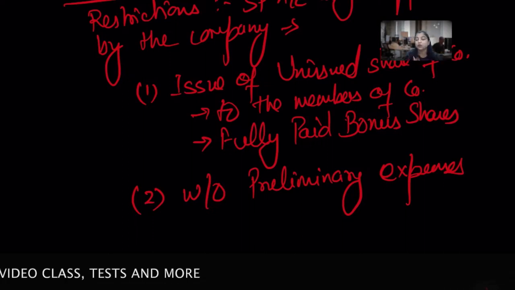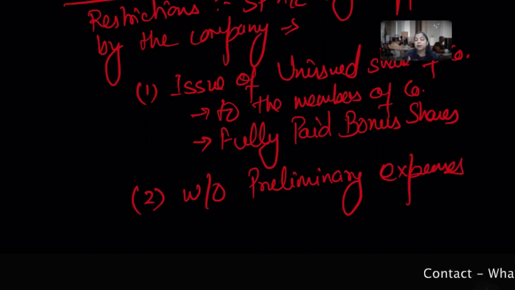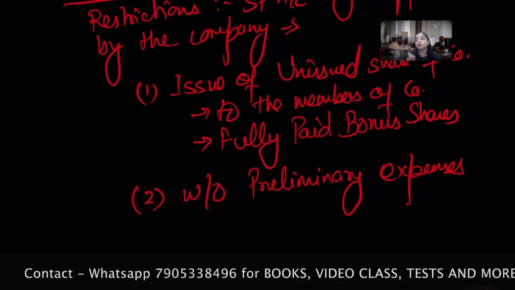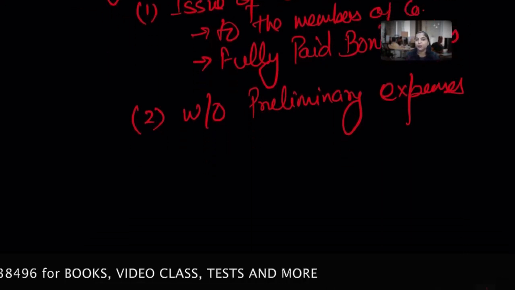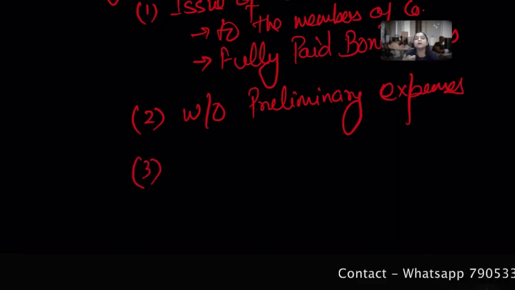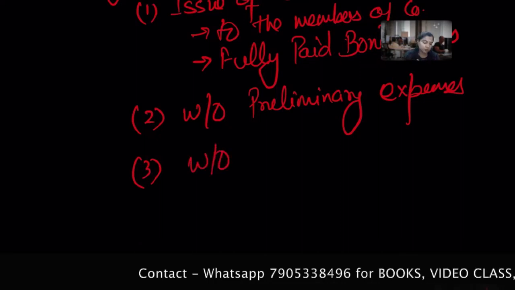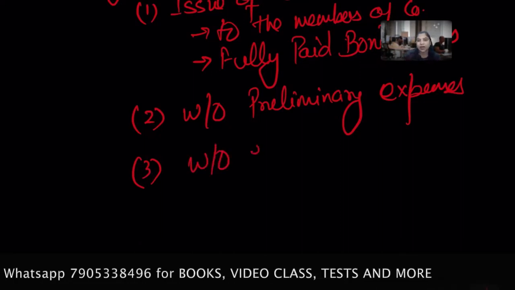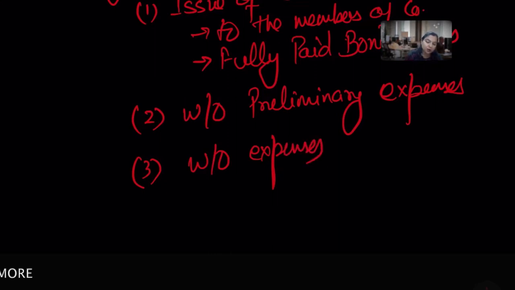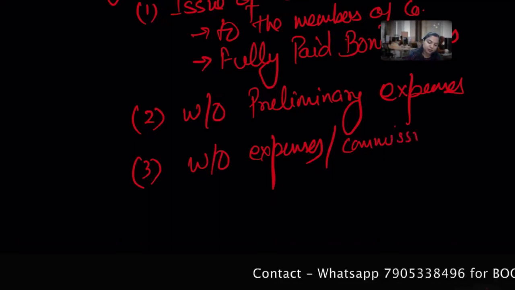This is not part of the theory of company accounts, because it is part of the law subject, but I want you to be well prepared for all the surprises UPSC is going to give you. So writing off preliminary expenses, WO is the write off, or any commission paid.